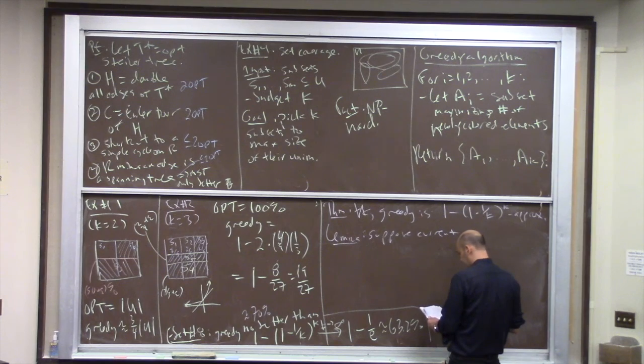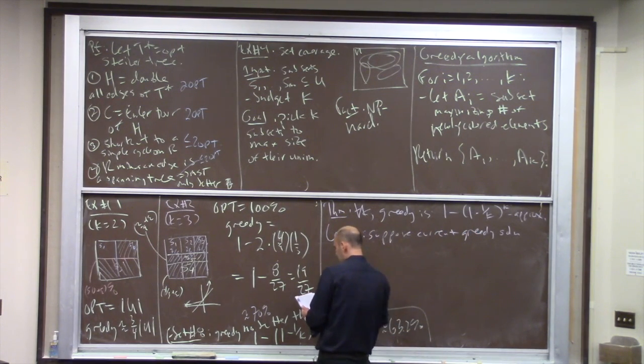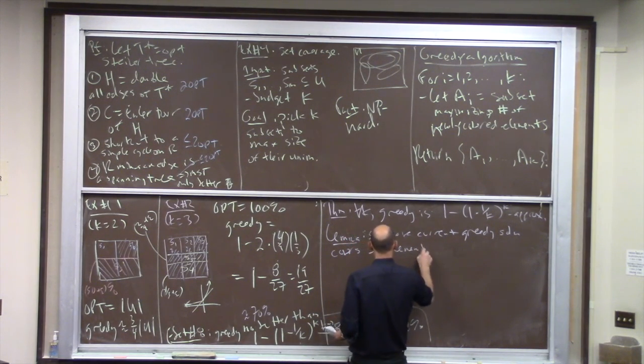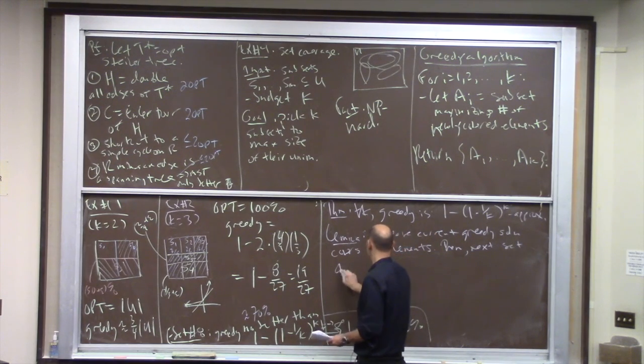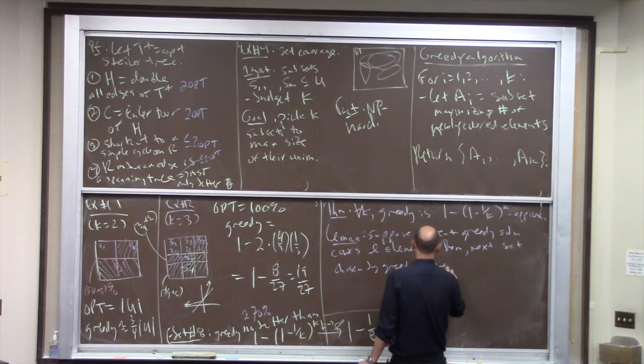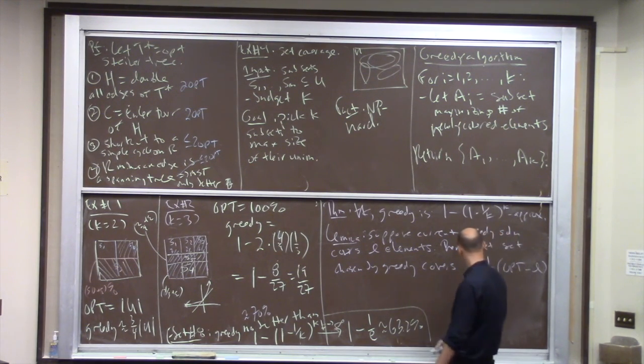Suppose that at the moment, the current greedy solution, the i sets it's chosen so far, covers L elements. I don't care what L is. Then the next set chosen by greedy covers at least 1 over k times opt minus L new elements.